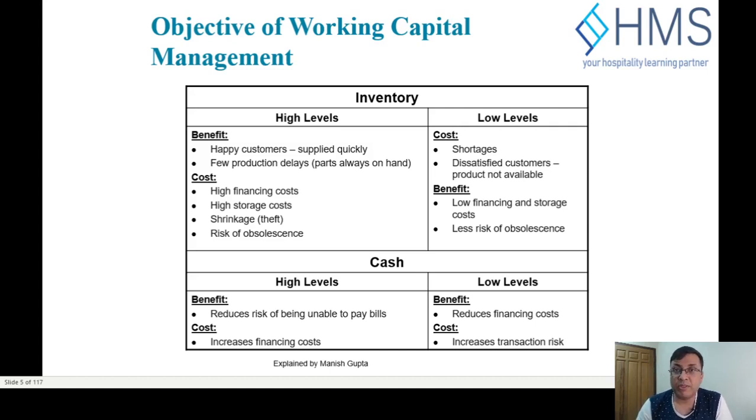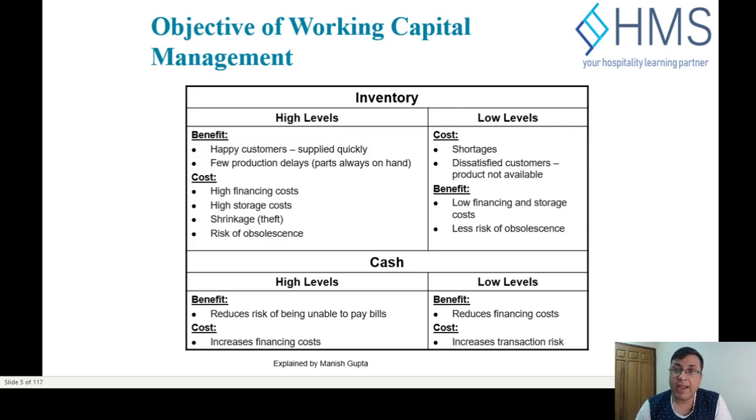You can be out of business if you don't have sufficient inventory levels. So managing an optimum inventory level is very crucial. The benefit obviously is that it saves the cost of storage and the cost of financing it. So there is less risk of obsolescence. So that is all about the inventory. How do we manage the inventory? We're going to be looking at that in our future sections.